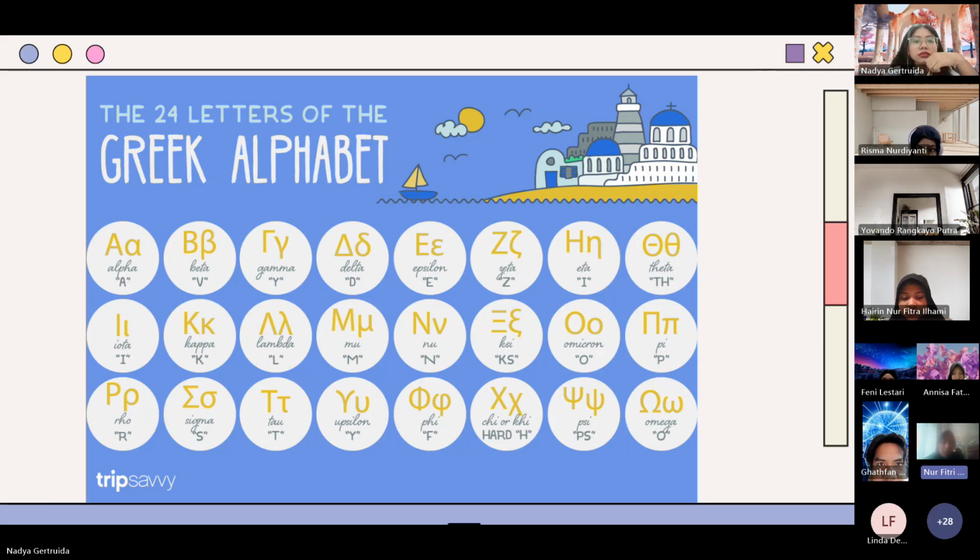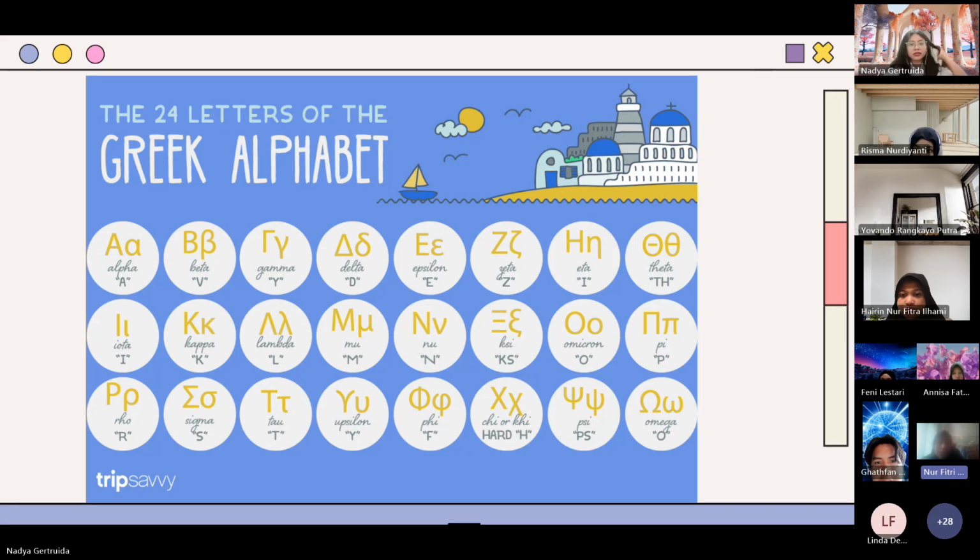And this is epsilon, symbol like E. The next is zeta, symbol like Z. And this is eta, symbol like H. And this is like O with a line in the middle, we call it theta.